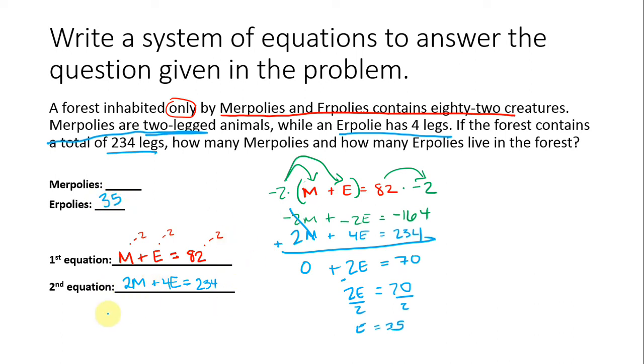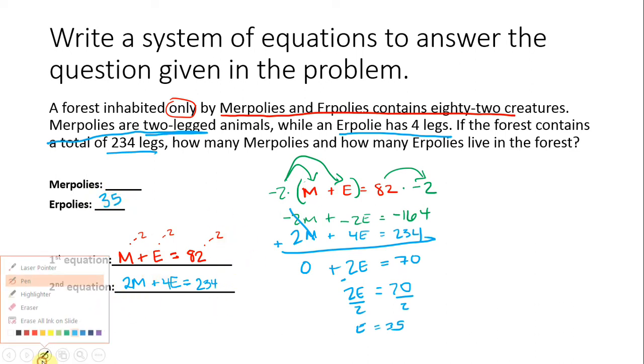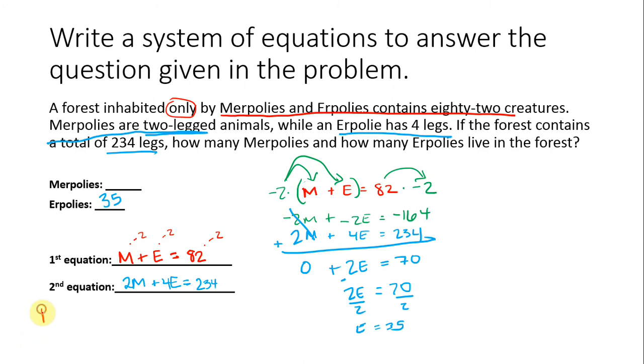I know the number of merples plus the number of erples is equal to 82 based on this equation. So to find the number of merples, I'm going to substitute 35, the number of erples, for e. And I'm going to just solve for m.